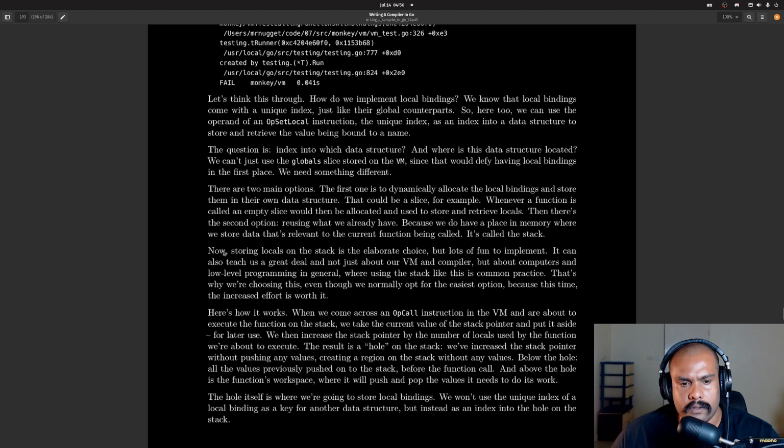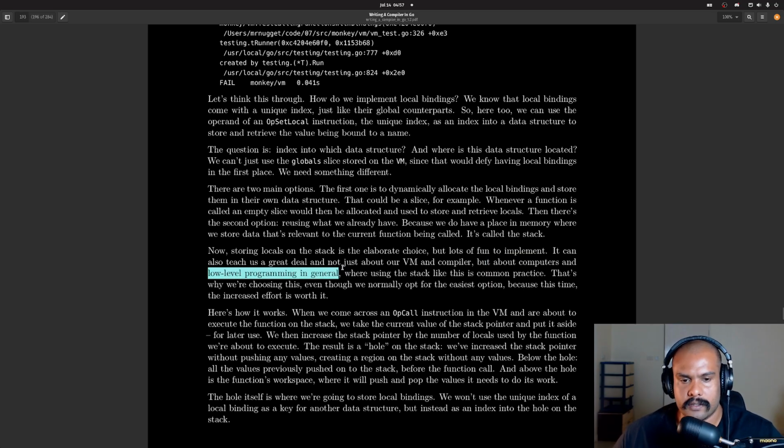Now, storing locals on the stack is an elaborate choice, but lots of fun to implement. It can also teach us a great deal, not just about VMs and compilers, but about computers and low-level programming in general.